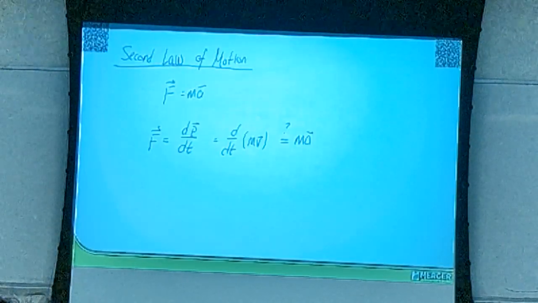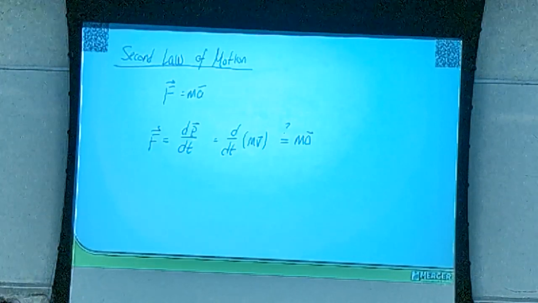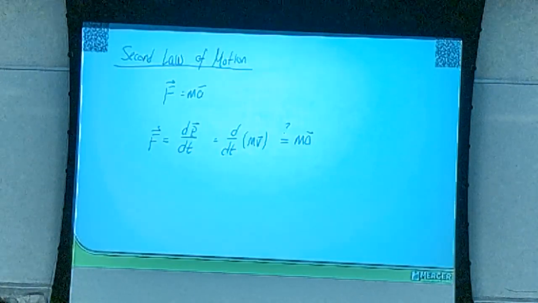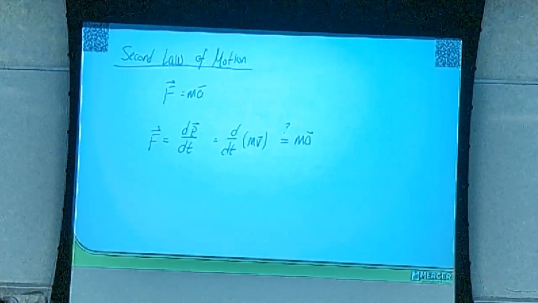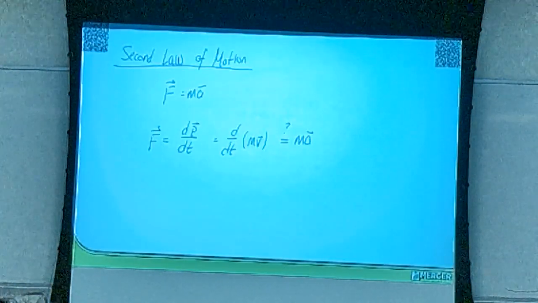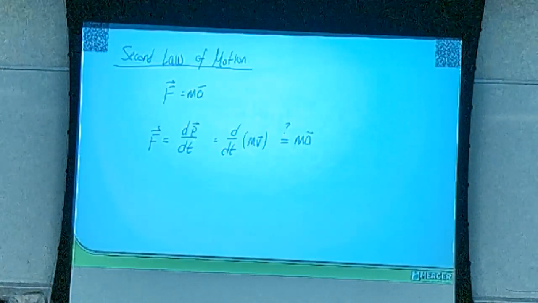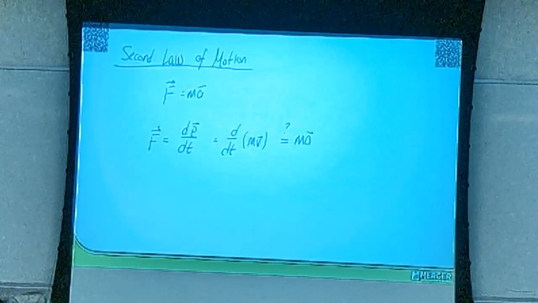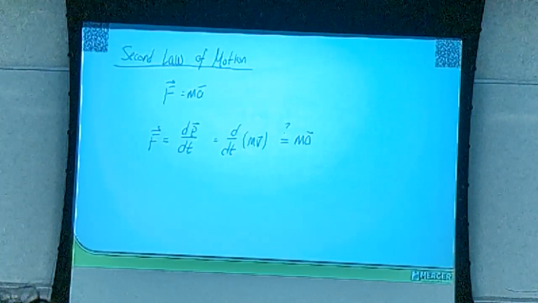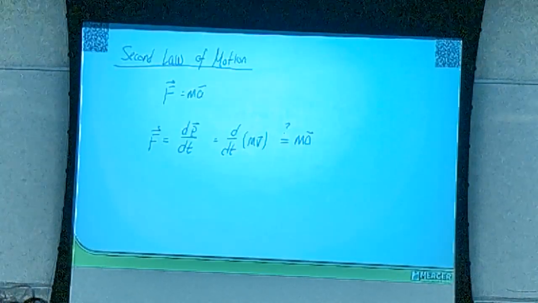In order for it to actually be correct, it has to always be correct, which it's not. Force is not always mass times acceleration. It is, however, always the change in momentum with respect to time. That is the actual correct form. P dot, yeah.